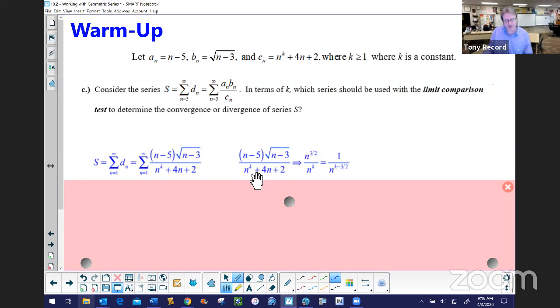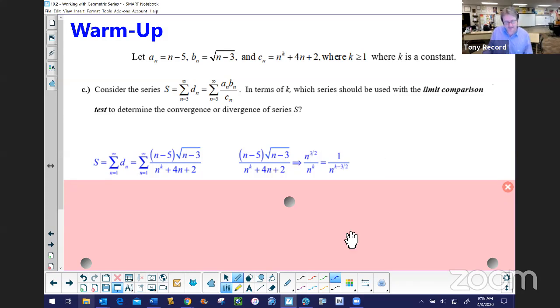And down in the bottom, you can certainly see that k is going to be that power of n in this case. And we're told that k is larger than or equal to 1. So that means k has got to be the largest exponent, at least it's a tie. Then when we look at n to the 3/2 over n to the k, and simplify by dropping the n to the 3/2 to the denominator, giving it a negative exponent, we can consolidate that exponent and call it k minus 3/2.